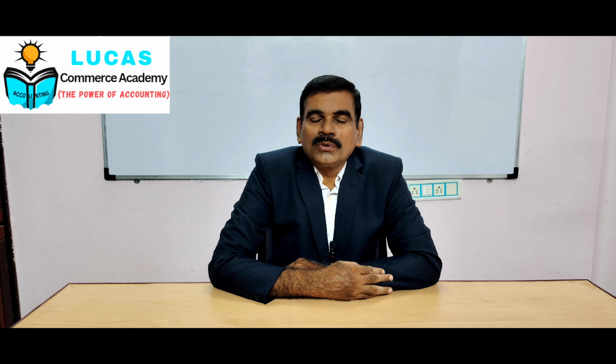Then the journal entry for advance received from B: cash or bank or bills receivable account debtor to B's account. When advance is paid to B: B's account debtor to cash account or bank account or bills payable account. Suppose advance received from B in the form of a bill, and the same bill is discounted with his bank. The journal entry for this is cash or bank account debtor, discount account debtor, to bills receivable account.